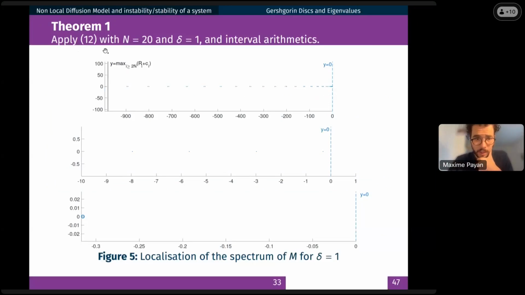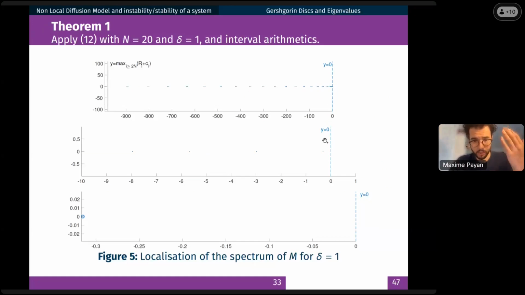Okay, this line shows the maximum of radii bounds plus centers when they are far, okay, when i is very high. And yes, so the spectrum is included in the left part, on the left of this line, and in those isolated circles. Okay, and the question is also the stability.